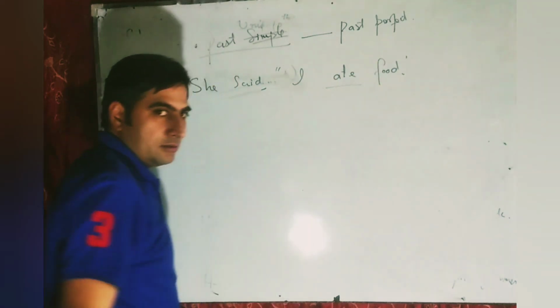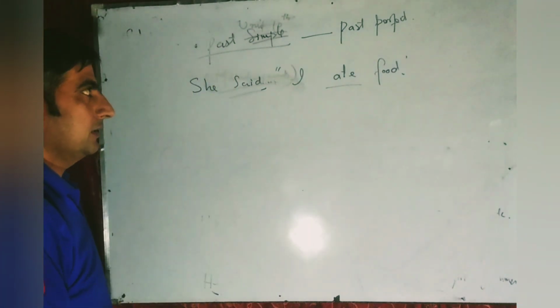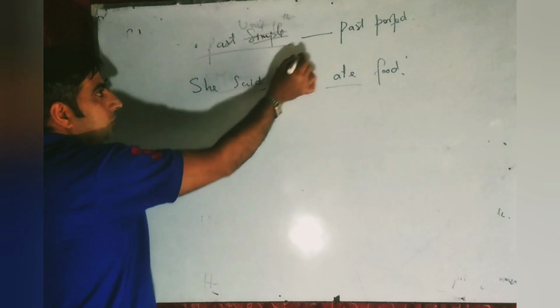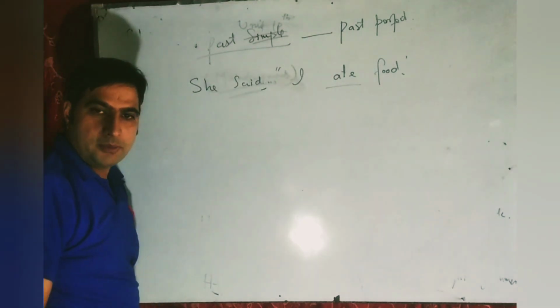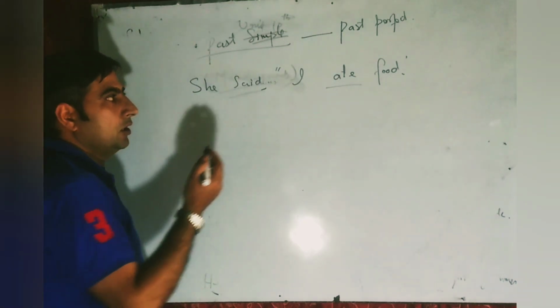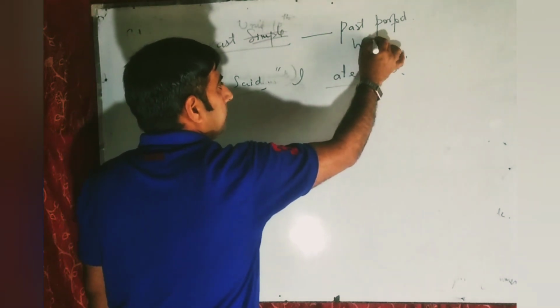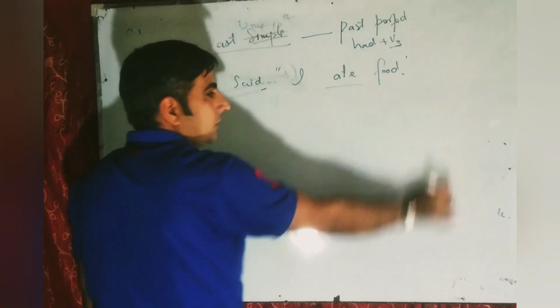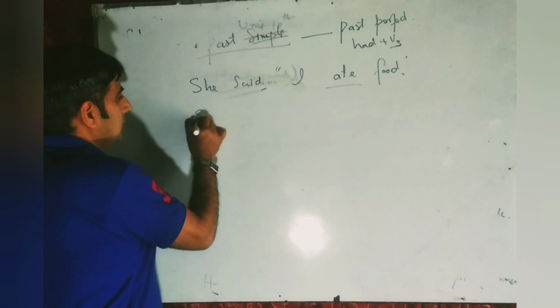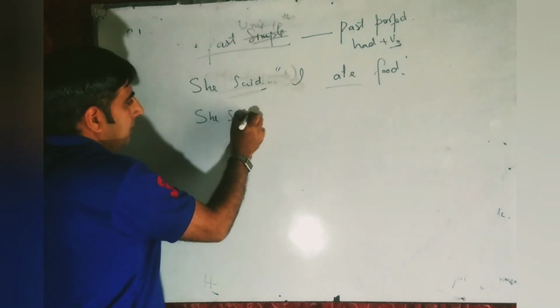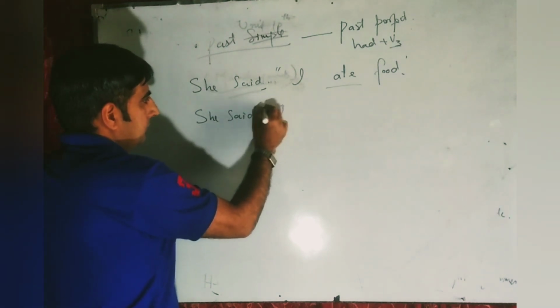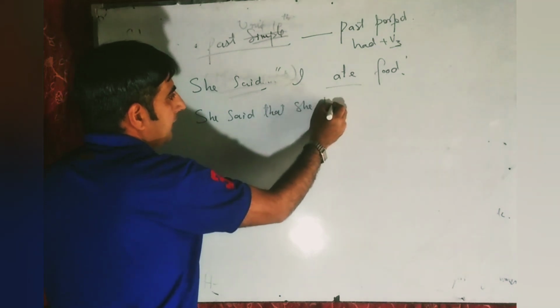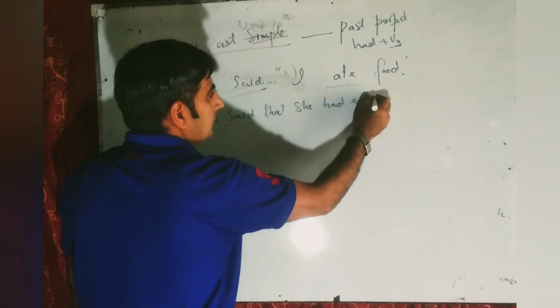So here ate is the second form of the verb, so the sentence is in the past. So we'll change it to past perfect. If you remember the formula of the past perfect, we use had plus V3, that is the third form of the verb. So she said that she had eaten food.